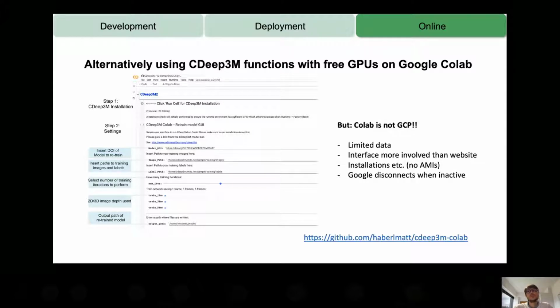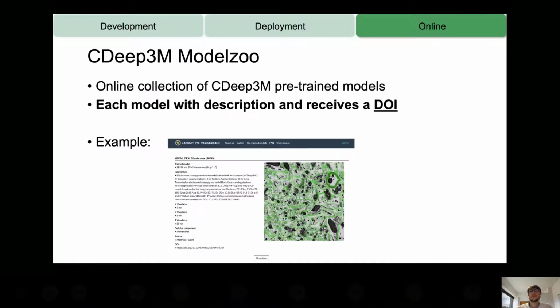We provide that for you, but you need to wait every time for the full installation to finish, because they don't allow AMIs, like AWS, for example. And Google disconnects you when you're inactive. So on the website, you receive an email, you don't need to wait, whereas here, you actually do need to wait for your process to finish.